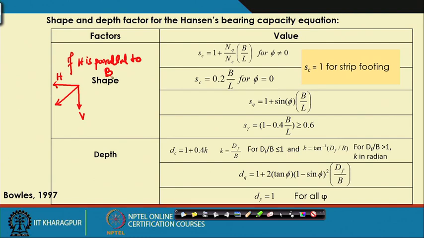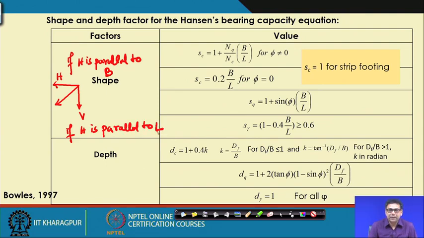But if H is parallel to L, then we have to determine all the factors by replacing B with L and L with B.